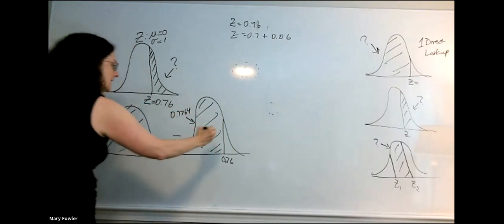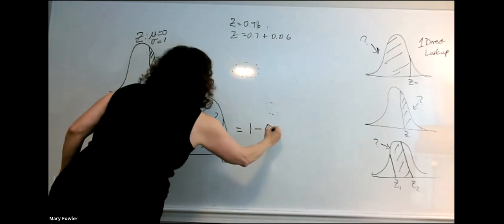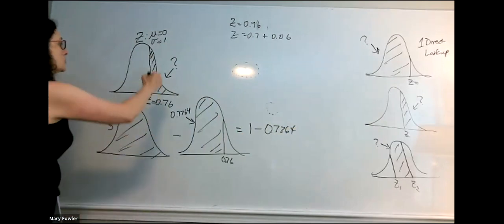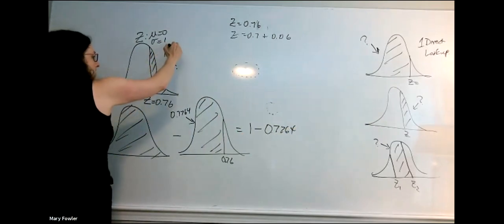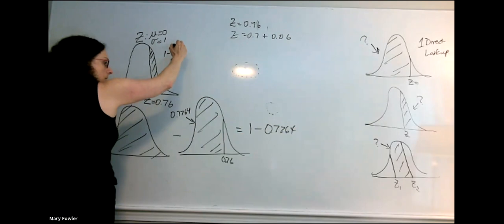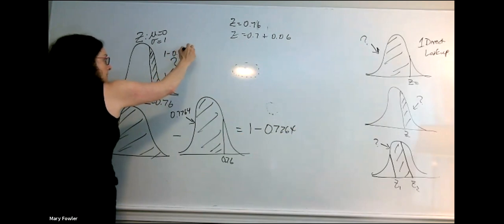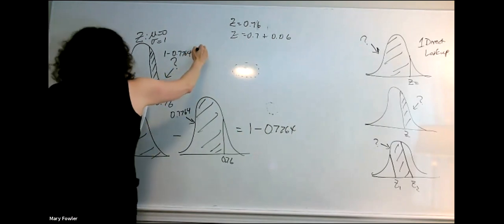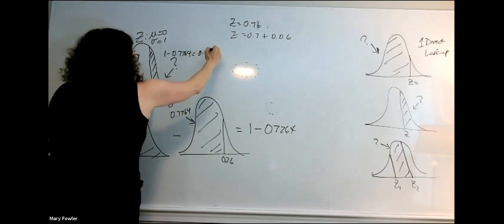So my right tail is 1 minus 0.7764. Okay, and usually when I see the right tail, I can just say 1 minus the direct lookup. And that is equal to 0.2236.